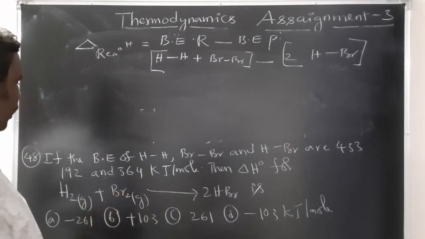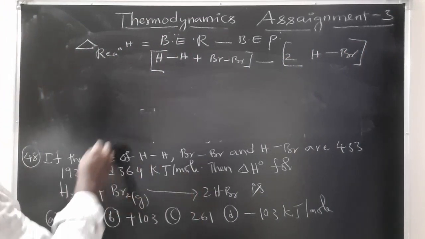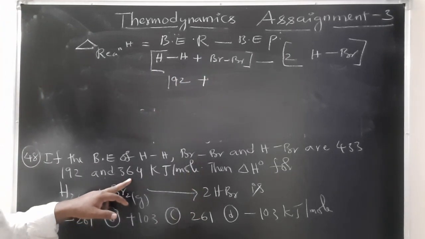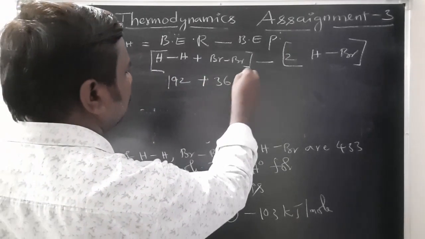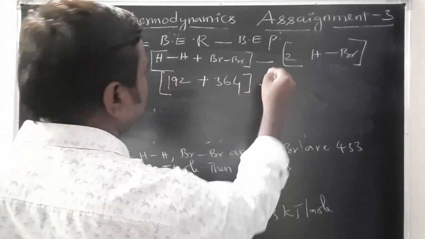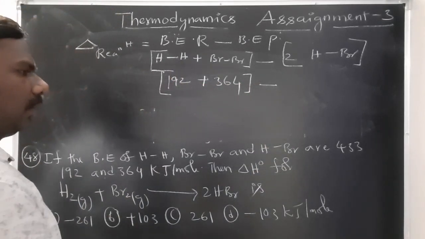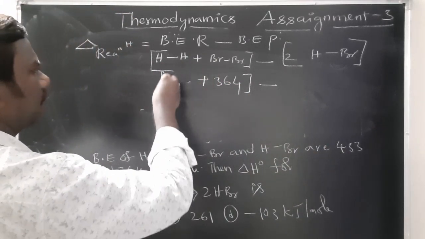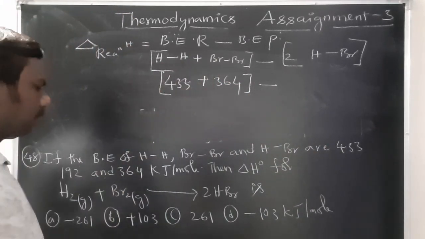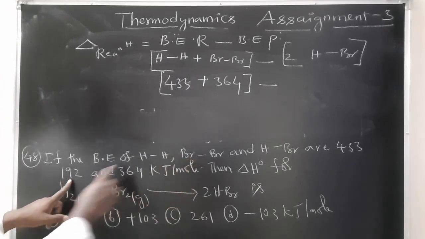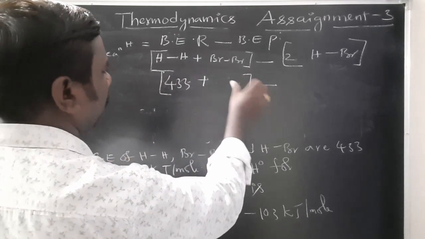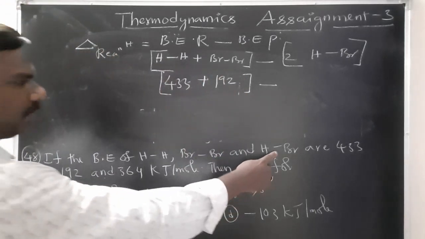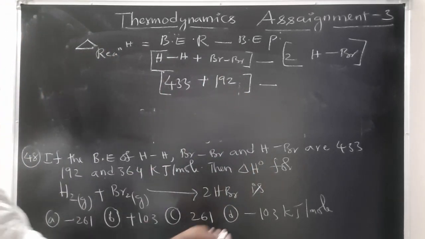Values are given, students. For HH 192 it is, plus Br-Br 364 it is, minus HH 433 it is, next Br is 192 it is, and HBr is the last value, 364 it is.